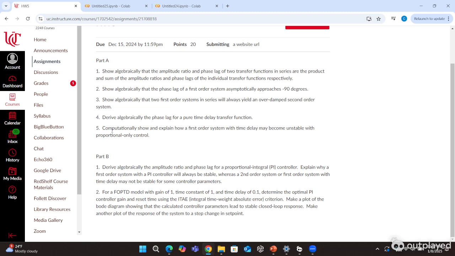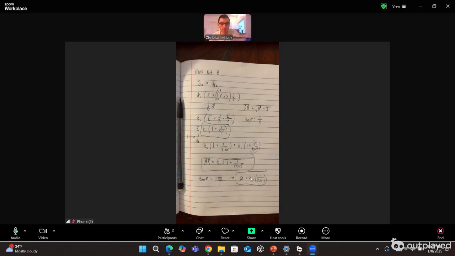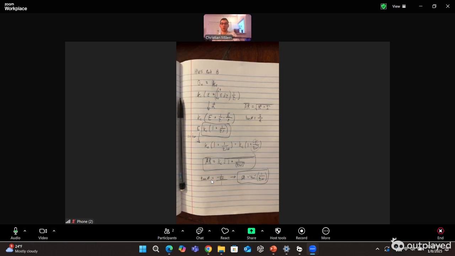with our second order, that's not the case. If we were to make this as small as possible, we'd be adding -90, and that would put our second order over 180, and then we would start running into instability.